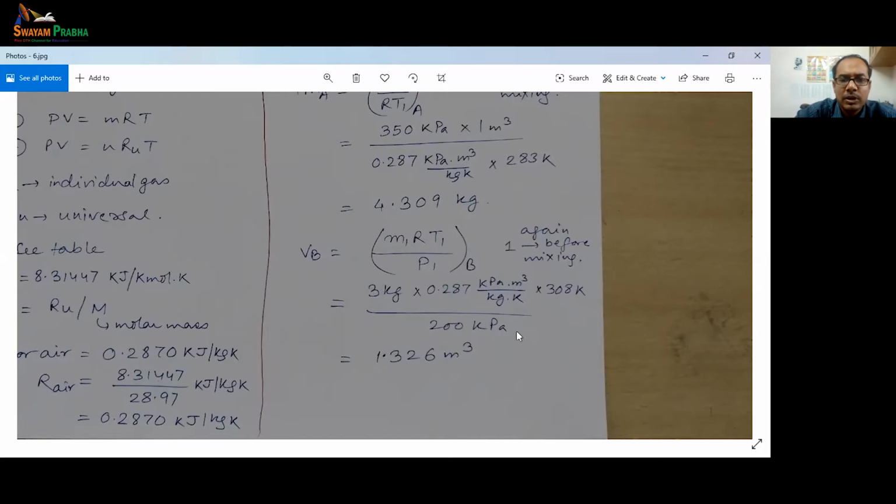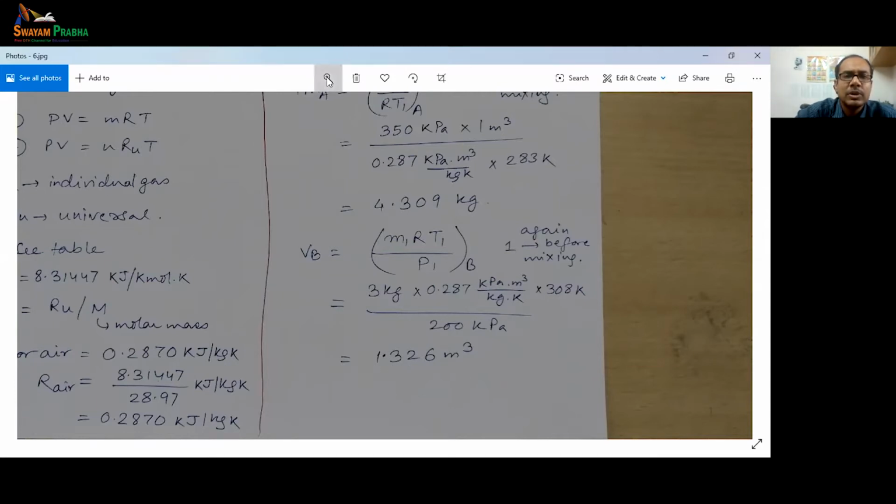Okay, so again we put all these values which are known. Here the temperature is different. This is 308 Kelvin. Okay, and the pressure is also different. Instead of 350 kPa, here we have 200 kPa. So ultimately the volume you can find out from doing this calculation, it's 1.326 meter cube.